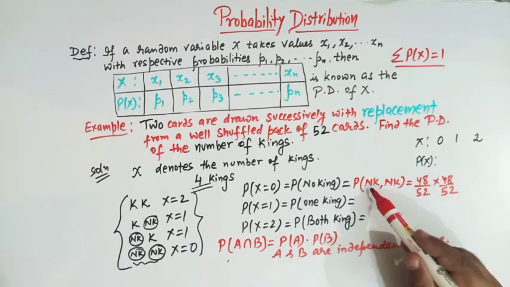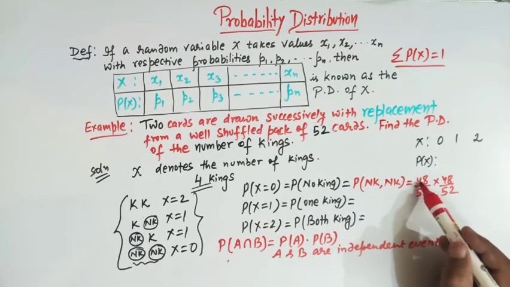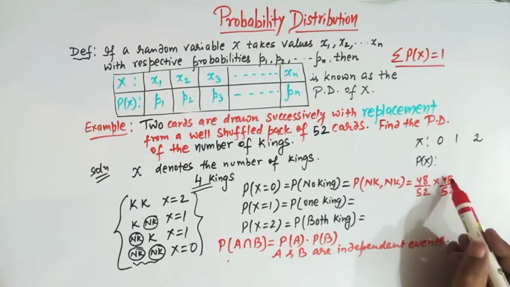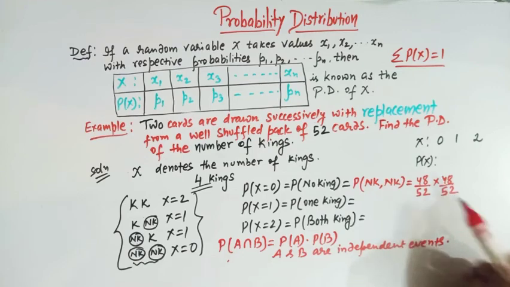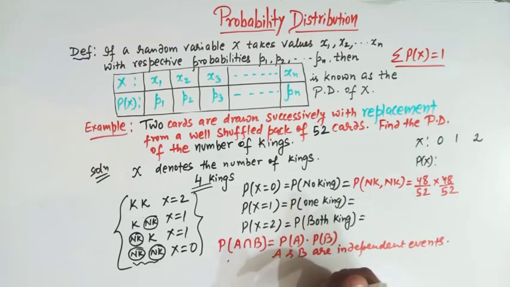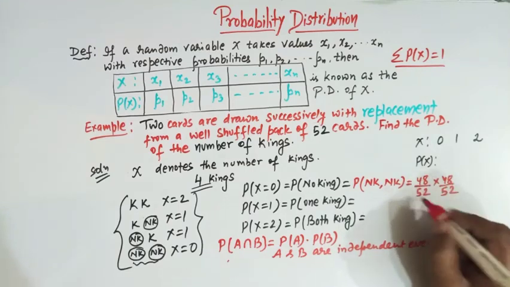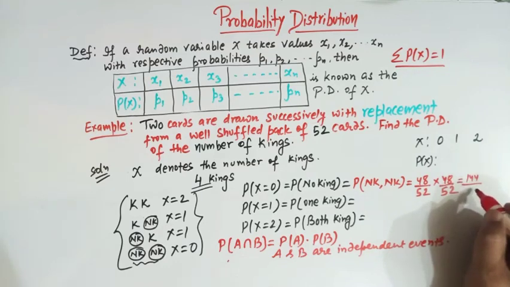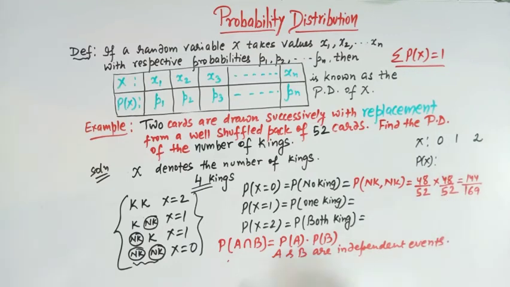Non-king can be obtained by 48 by 52, and similarly again for non-king we have the probability 48 by 52. Now if we calculate it, we get 144 divided by 169.